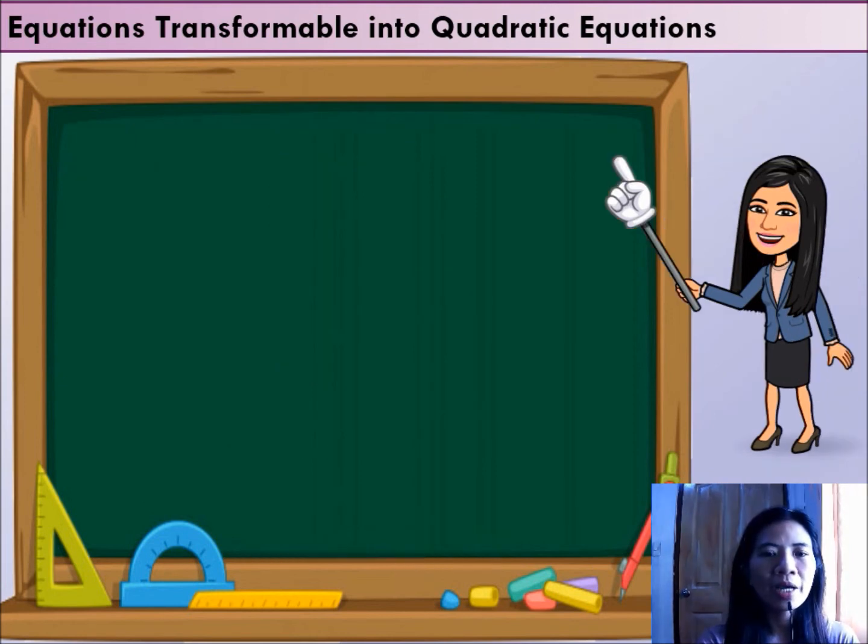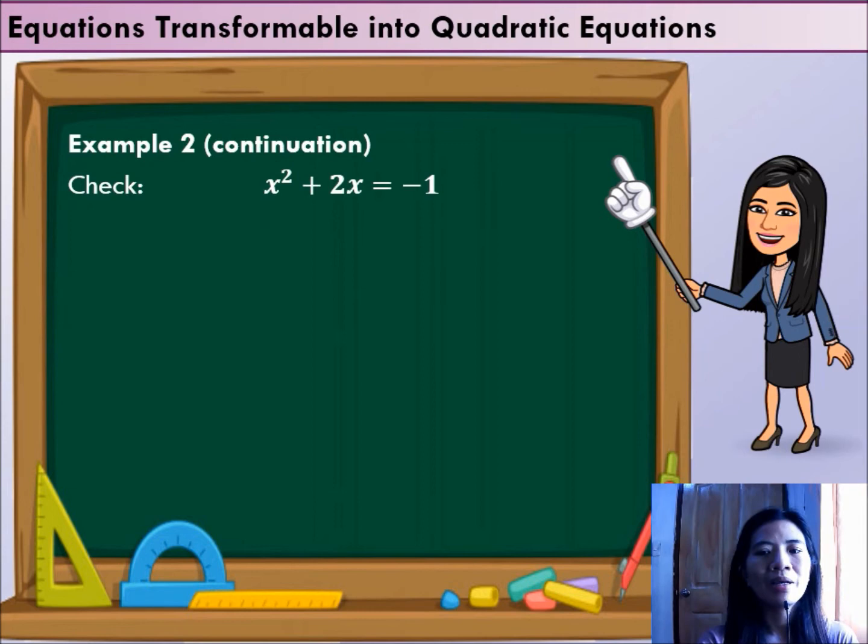Okay, so we are going to check whether the solution that we have is true to our equation. So the value of x is negative 1. So we are going to substitute this to the original equation, which is x squared plus 2x equals negative 1. So all variable x will be substituted by negative 1.